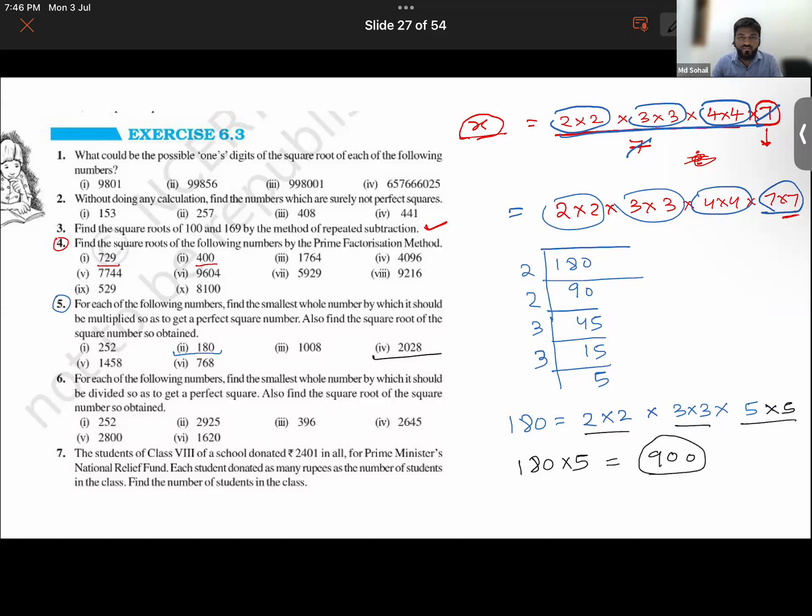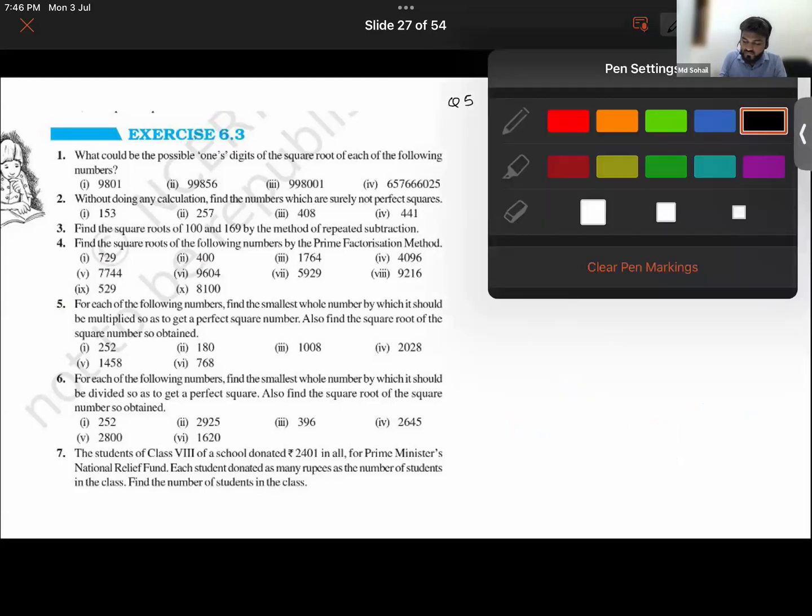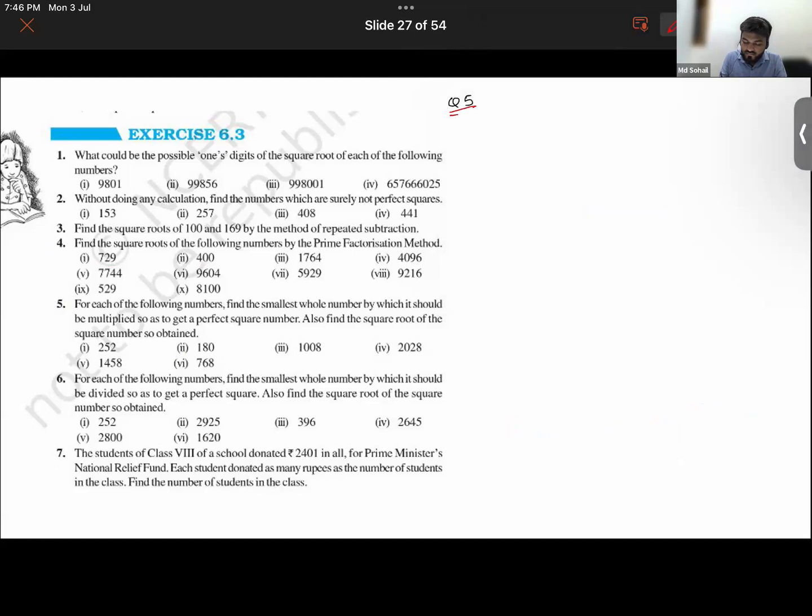Okay, just tell me by which number the given number should be multiplied here. Question number 4, right? 2028.